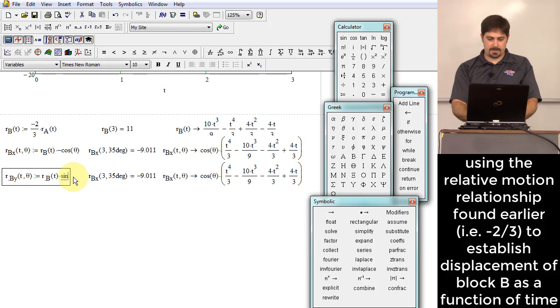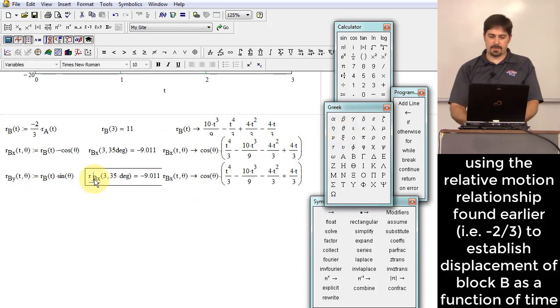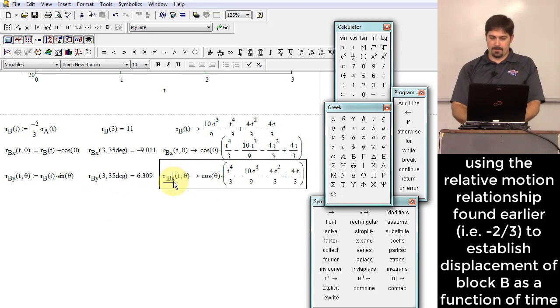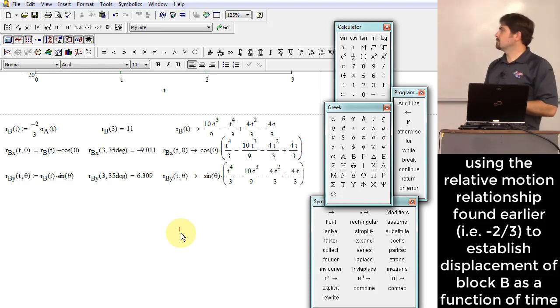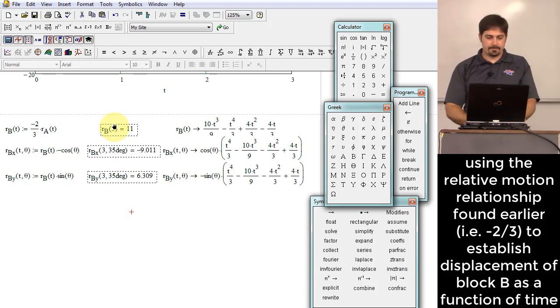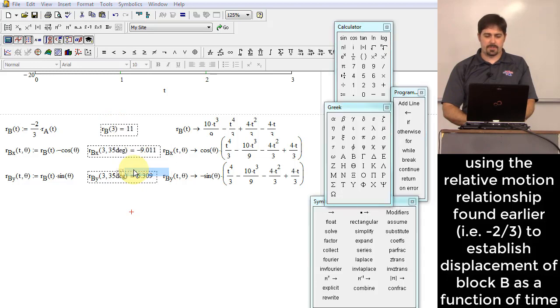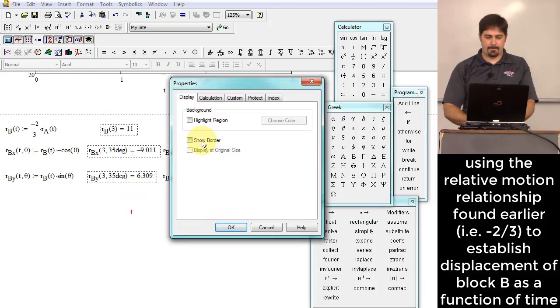So I'll just put in sine of theta. Okay, for these others, I just really just need to rename them. And that gives me those functions and those values that were requested as far as position is concerned for part B.